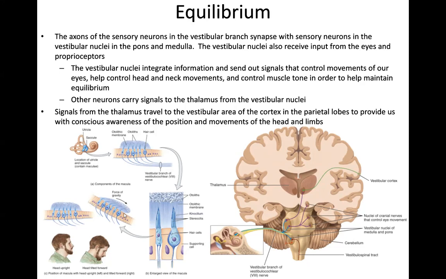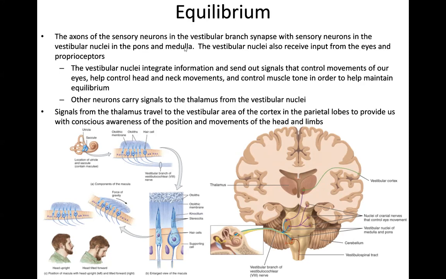Okay. The membrane shifts, and what's going to happen to those hairs? They're going to bend. Okay. And then that's what triggers those guys to depolarize, which then synapse with the sensory neurons, which form the vestibular branch. Okay. And those carry the signal into the pons and medulla.